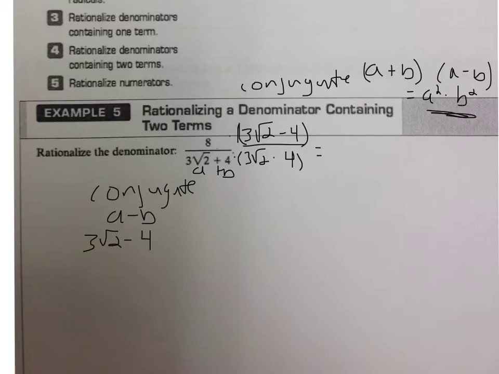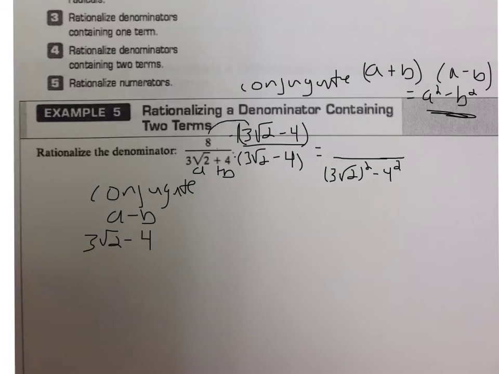The first term squared minus the second term squared. So what we get is 3 square root of 2, and we're squaring this. And we've got the second term squared, so minus 4 squared. I don't necessarily need parentheses for minus 4 squared because there's only one number, so I know that number is going to be squared. This top, though, I'm going to distribute.